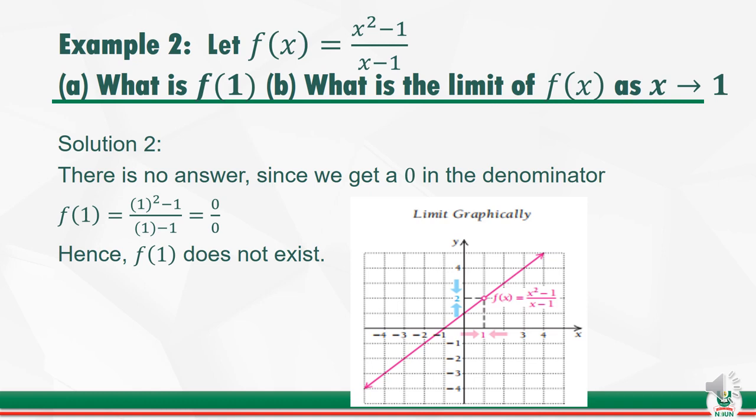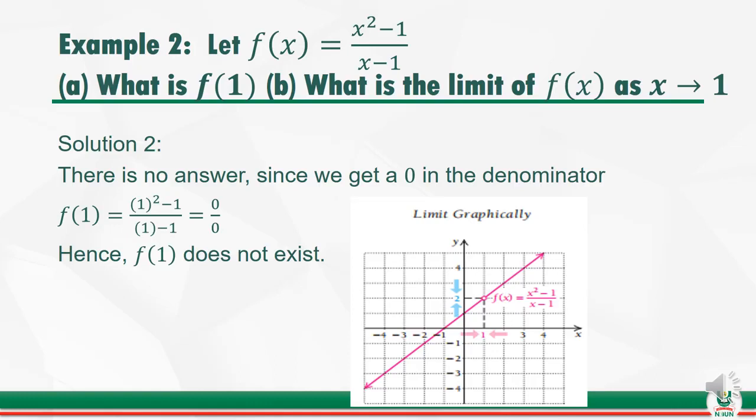Example 2 is very unique. We have to study it critically so that we can understand what we call the limit of a function. Let f of x be equal to x squared minus 1 all over x minus 1. What is f of 1? If we substitute directly, the numerator gives 1 minus 1, which is 0, and the denominator, 1 minus 1, is 0.